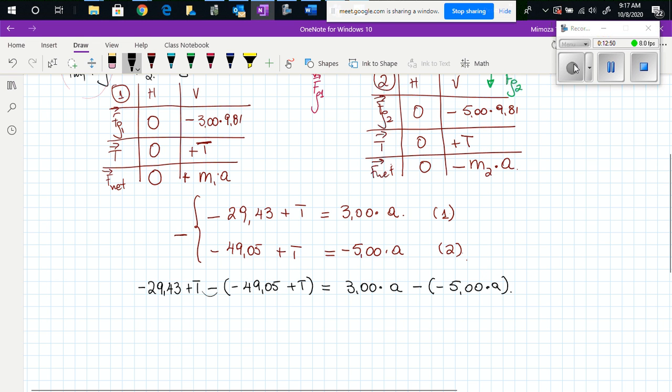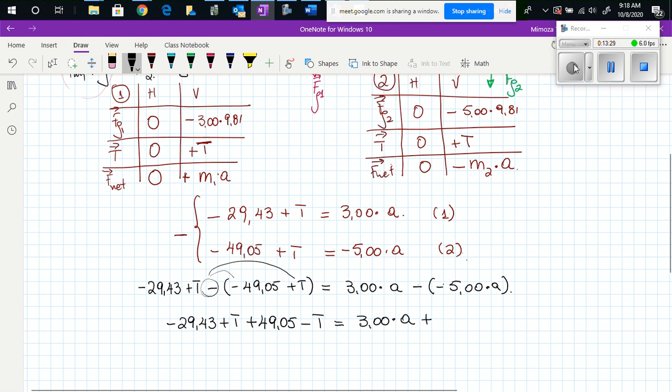Okay, so this negative sign here is affecting both terms, the negative 49.05 and the positive T. So then what we have here is negative 29.43 plus T. Negative and negative will give us positive 49.05, minus T, because negative and positive will give you negative, and this will be 3.0 times a.